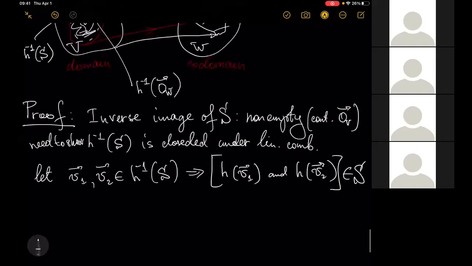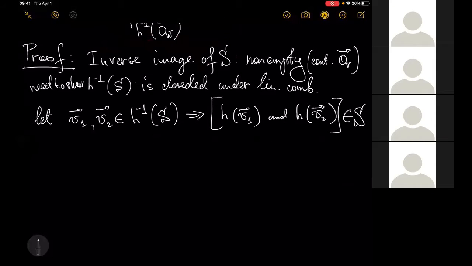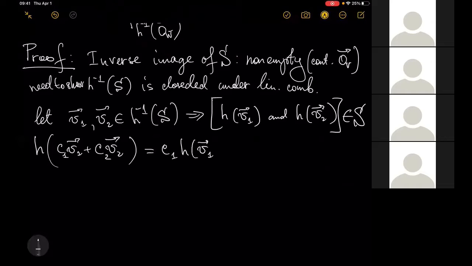So then, if we consider C1 V1 plus C2 V2, and apply our homomorphism, by the property of preservation of structure, we have this, but this belongs to S, right?